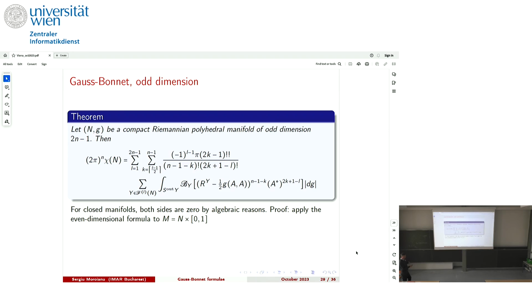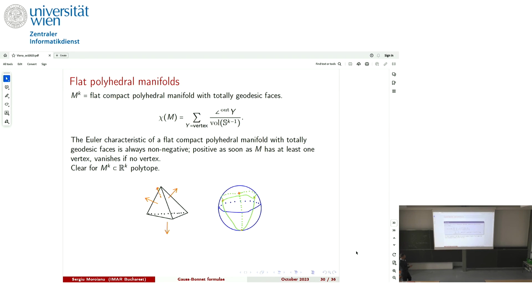I have to interpret the formula in that dimension. And there, the formula is that for a flat polyhedral manifold with totally geodesic faces, the Euler characteristic is just the sum of outer angles, normalized with the volume of the corresponding sphere.